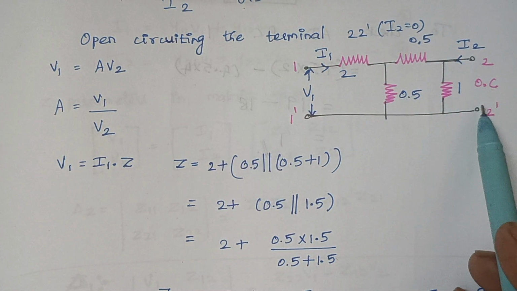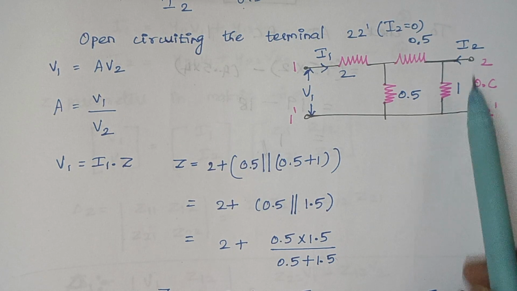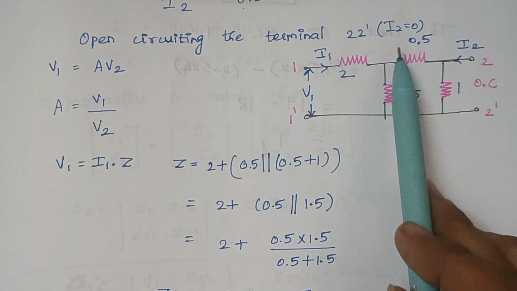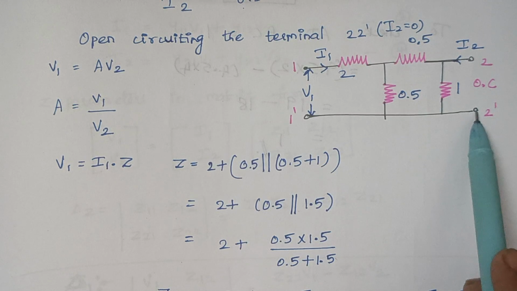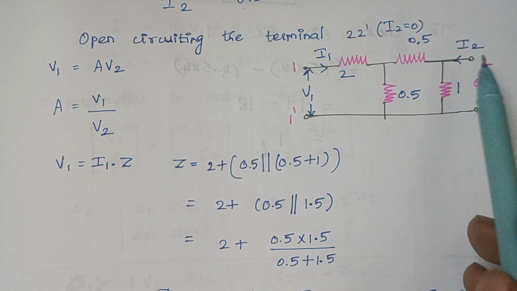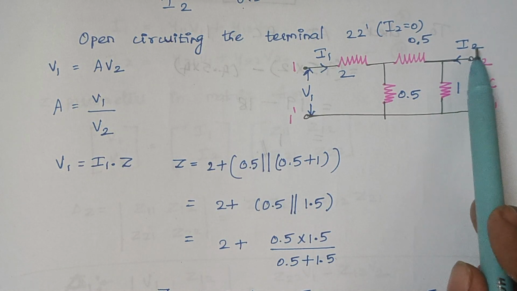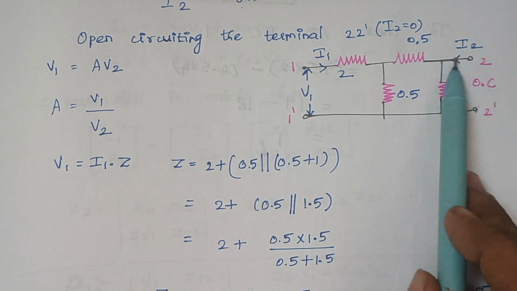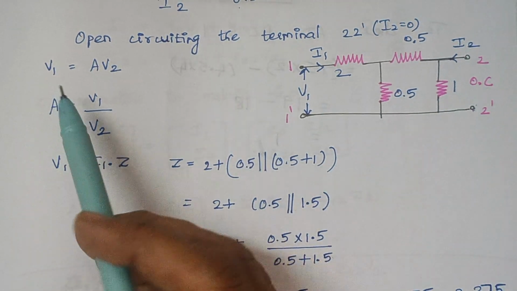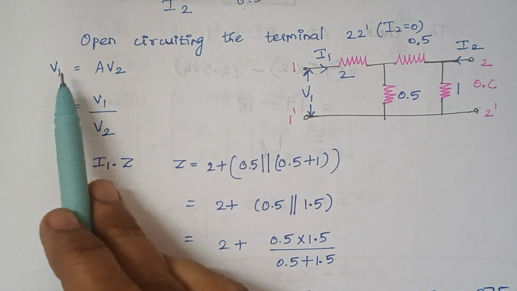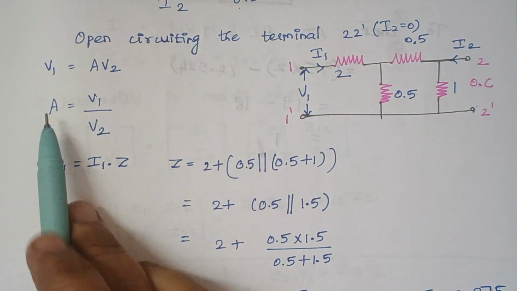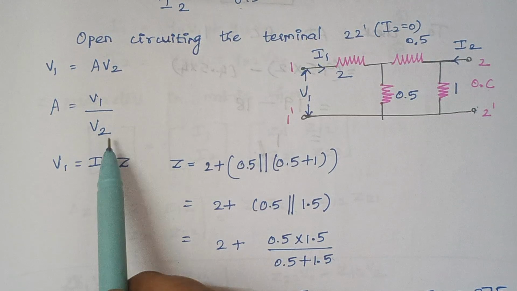When you open circuit, automatically I2 will become 0 because I2 is the current that flows through this port to 2 dash. Therefore when you open circuit this port, I2 will become 0. So when the value of I2 becomes 0, V1 is equal to A V2. Therefore A is given by V1 by V2.